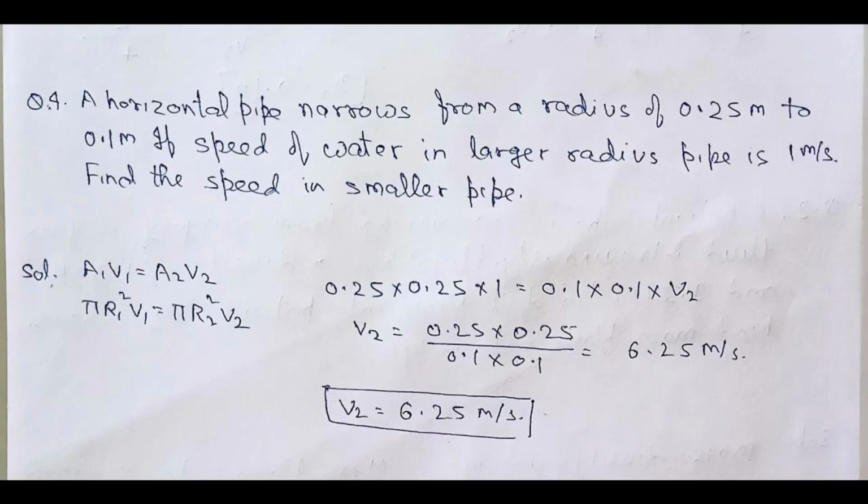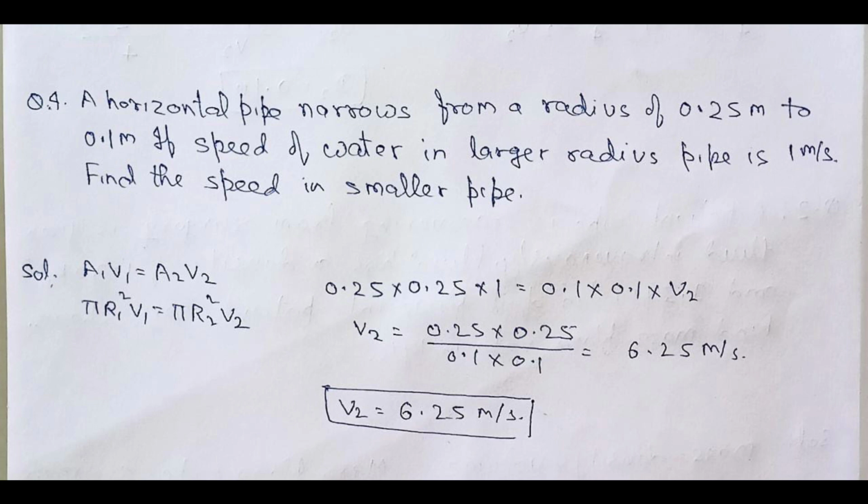Now let's see question number 4. A horizontal pipe narrows from a radius of 0.25 meter to 0.1 meter. Okay, so the radius is reduced from 0.25 meter to 0.1 meter. If the speed of water in larger radius pipe is 1 meter per second, find the speed in smaller pipe.